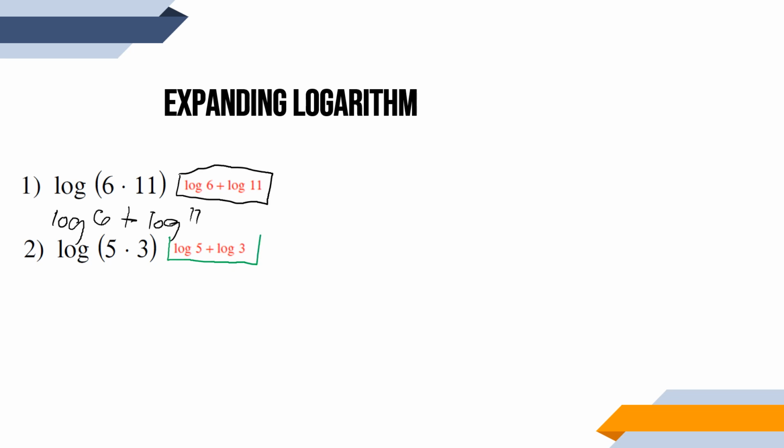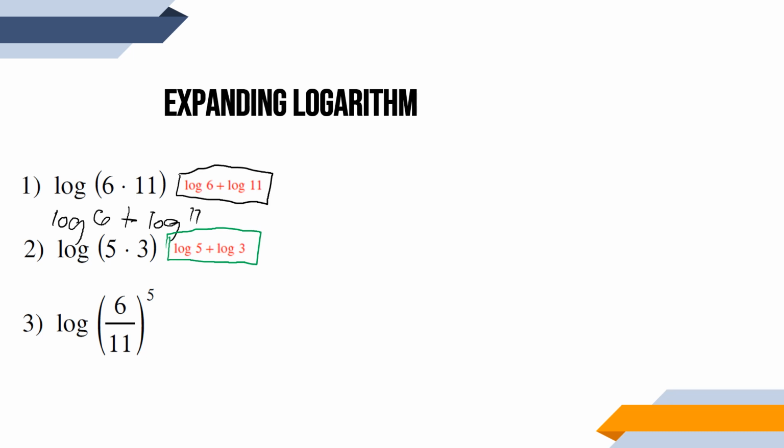Next, we have log of 6 over 11 raised to 5. Remember, this is actually a combination of the power rule. We have an exponent and we also have division here. So we will rewrite this first.